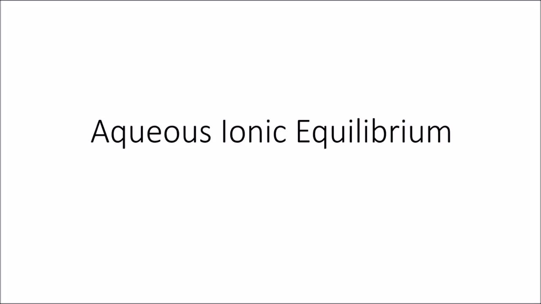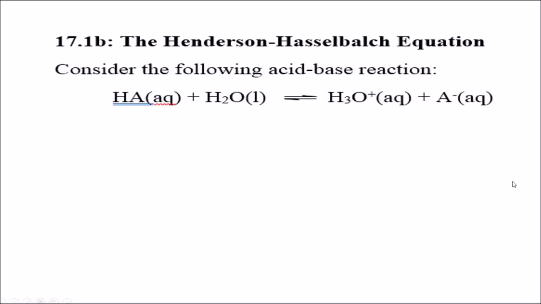So let's look at how we can derive this equation. First of all, let's consider the following equation. In this equation, we have the acid represented as HA. We have water to give us the hydronium ion and a conjugate base.